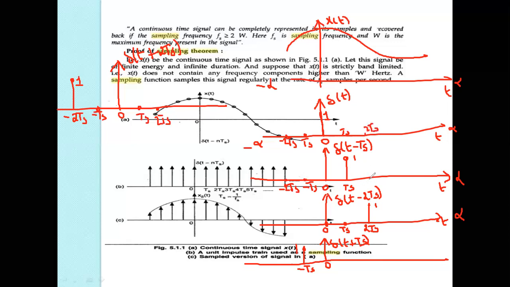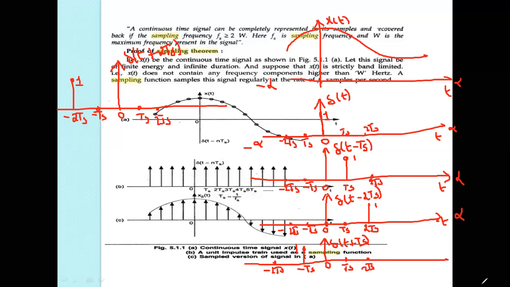These two are also 0, and I represent here the 2ts. It is also 0. Minus ts, minus 2ts is 0 here. Minus 2ts 0, and ts is 0, and 2ts is also 0.